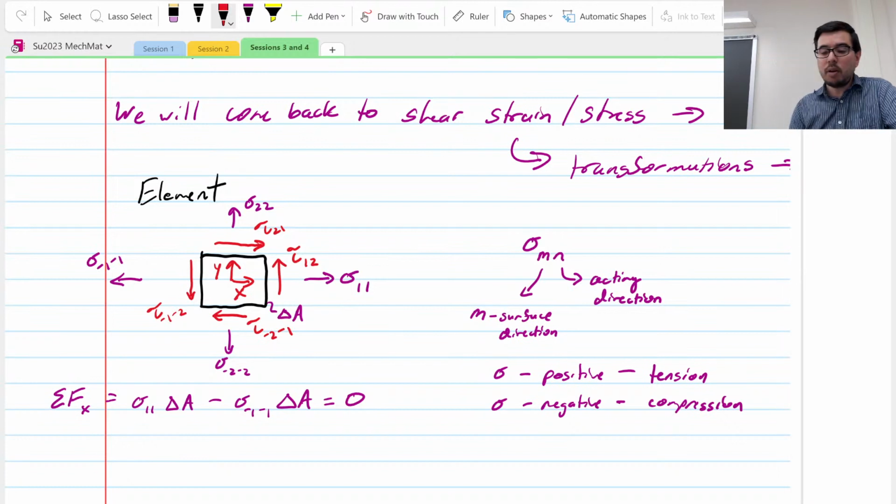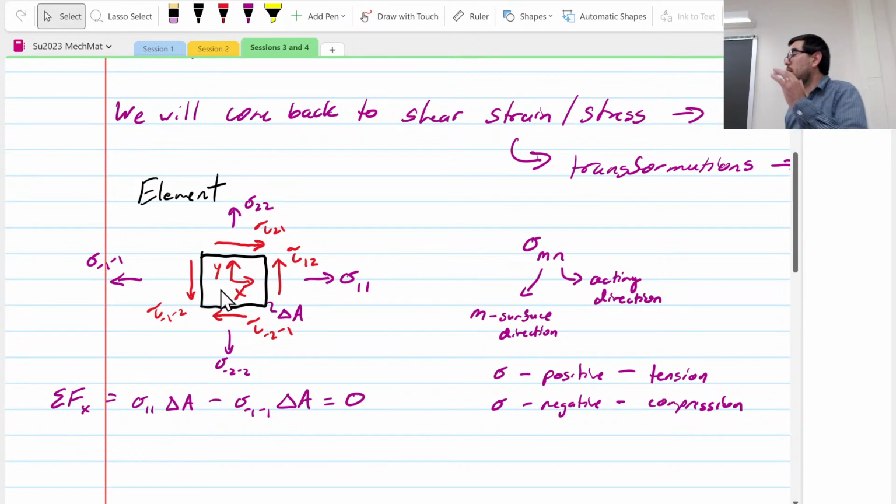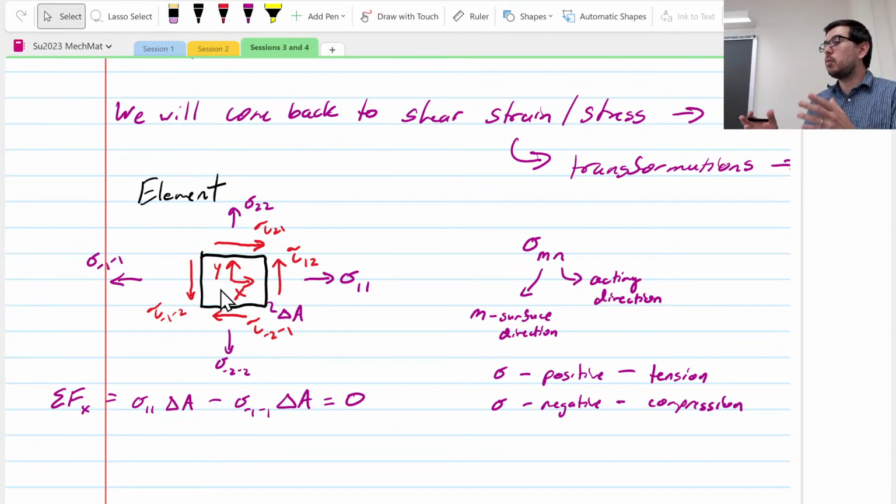Now, it turns out that for this element not to rotate, because we're doing statics, this is statics 2.0 essentially, we don't want this element to rotate or accelerate. So this all needs to be in equilibrium.